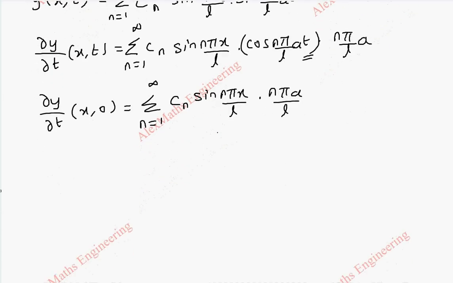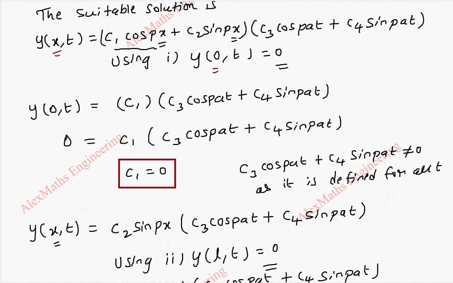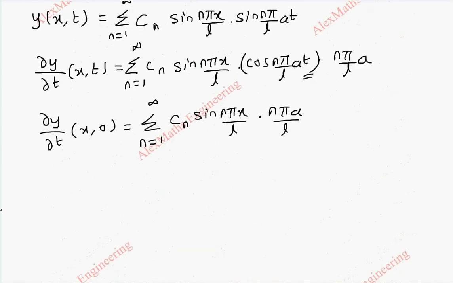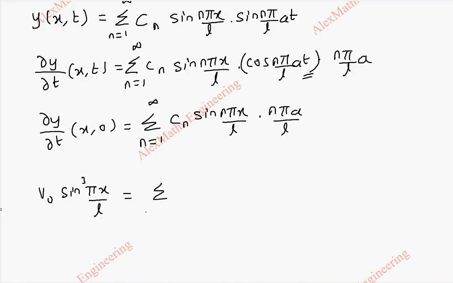And here dou y by dou t of x comma 0 is given as v naught sin cube pi x by L. So v naught sin cube pi x by L is the summation from n equal to 1 to infinity of Cn sin n pi x by L into n pi a by L.